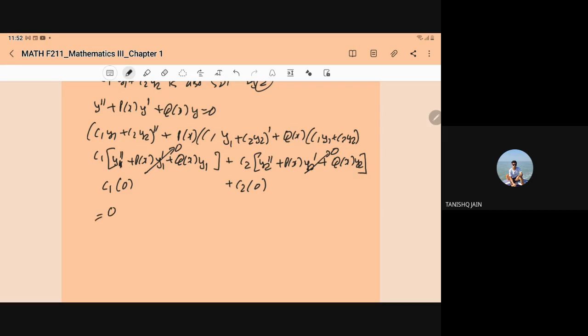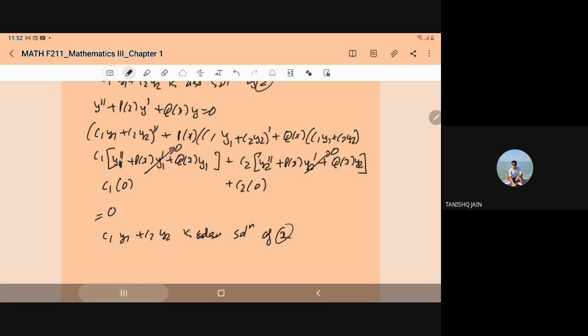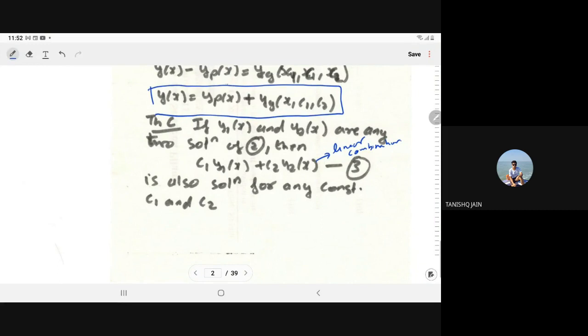So now you can say that c1 y1 plus c2 y2 is also a solution of the second homogeneous equation. It means the linear combination of two solutions is also a solution. That is theorem C in a nutshell.